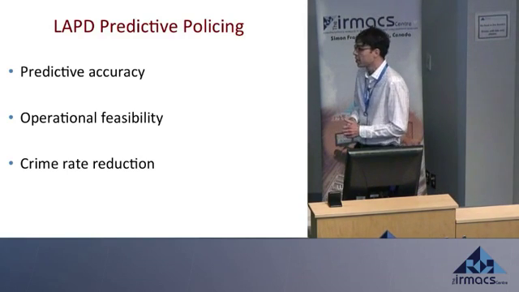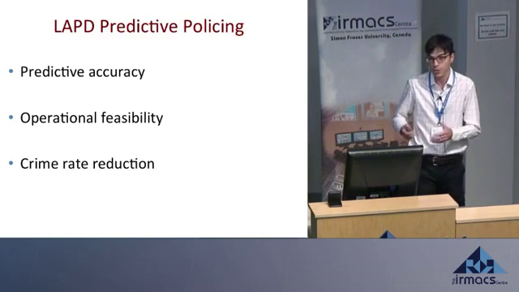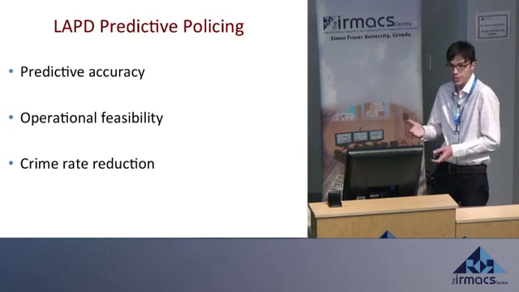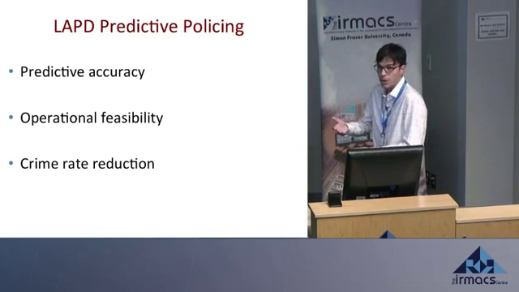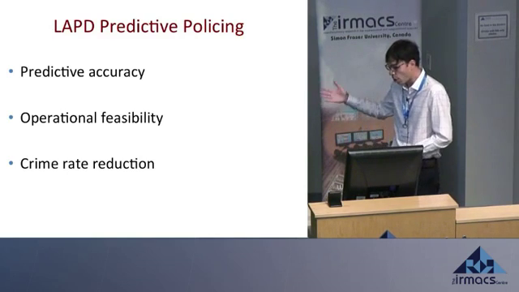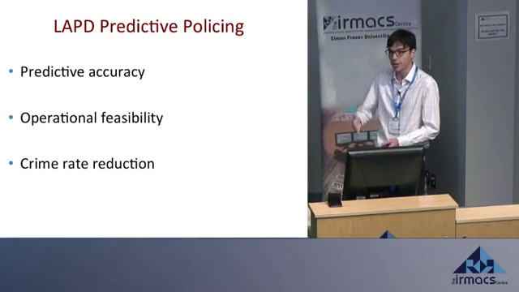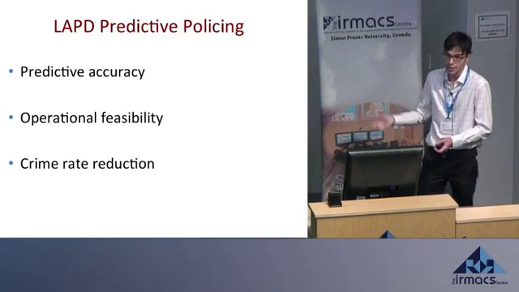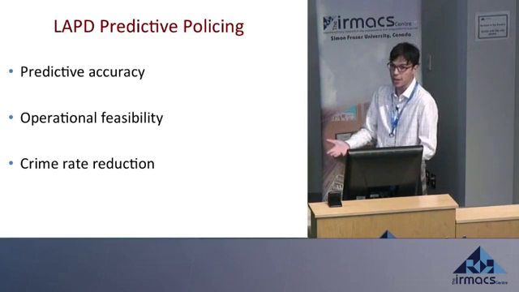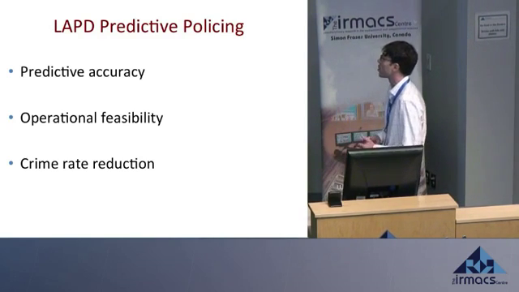Can you really do this in almost real time, where each day the officers are getting new hotspots to patrol? There's a whole cycle where the data has to be entered, the crime analyst has to generate these reports, they have to be distributed, and the officers have to make these checks. Is it possible to do this operationally? And third, do you get a crime rate reduction?